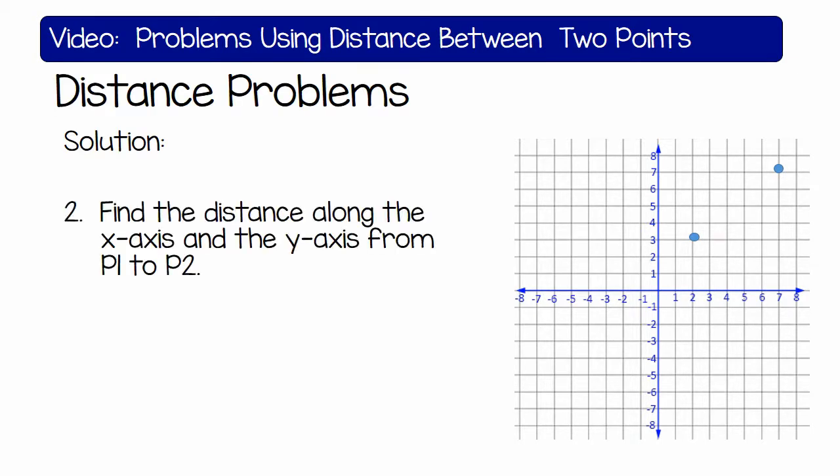Now, find the distance along the x-axis and the y-axis from point P1 to P2. P1 has coordinates of 2, 3, and P2 has coordinates of 7, 7. The line will represent the distance that we need to find.